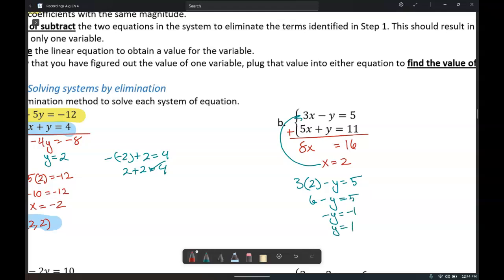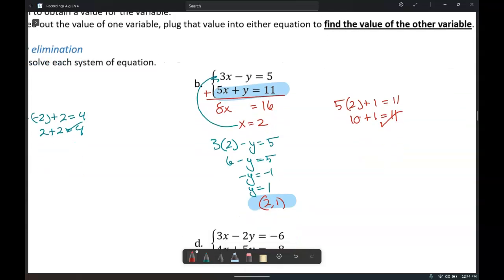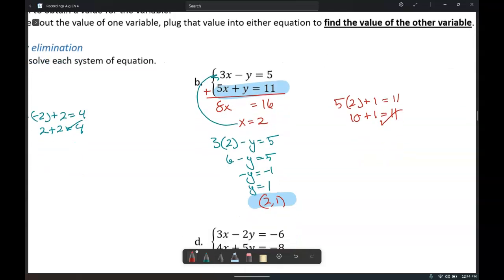And now we have our ordered pair of 2, 1 as the solution. Let's go ahead and plug it into the second equation to verify. And we're left with a true statement, so we know that our solution is correct.